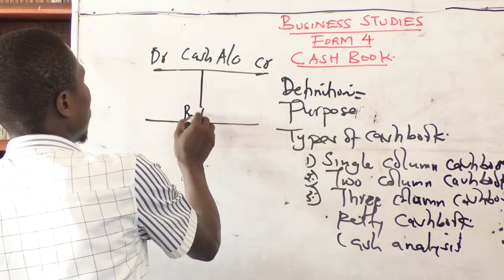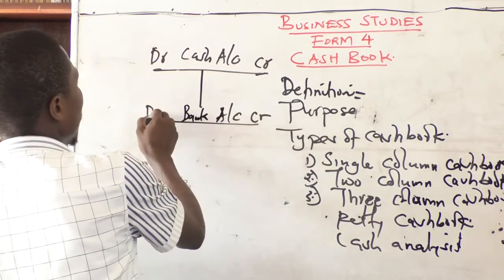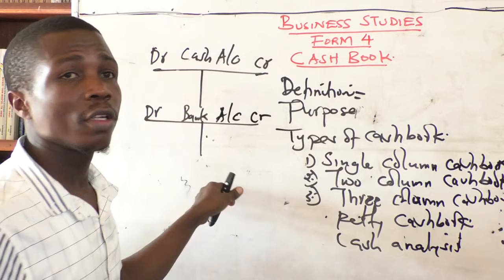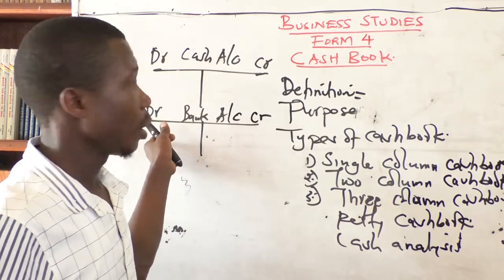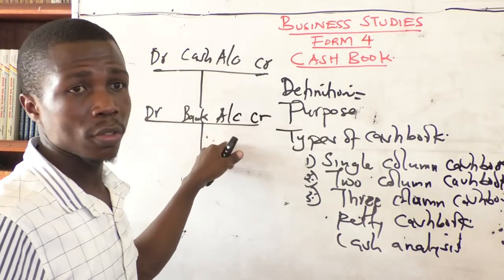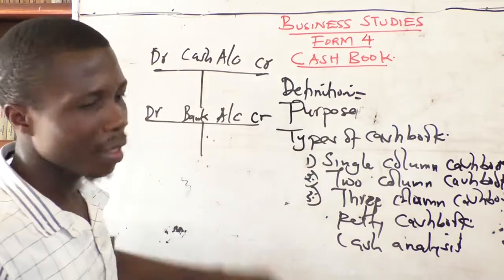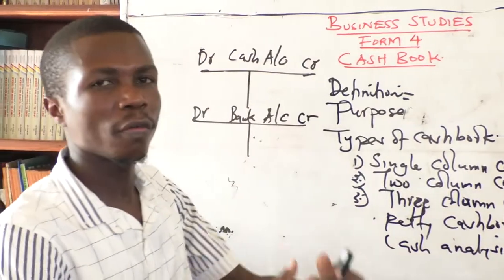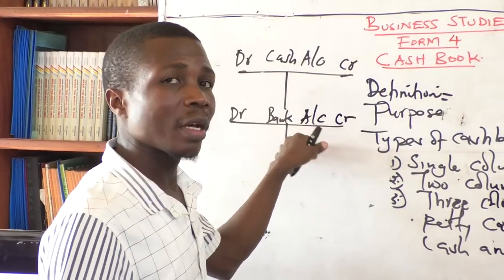Then the bank account, CR, DR. This one involves money received in form of check and money paid by the business to outsiders in form of check. All those moneys are recorded here.